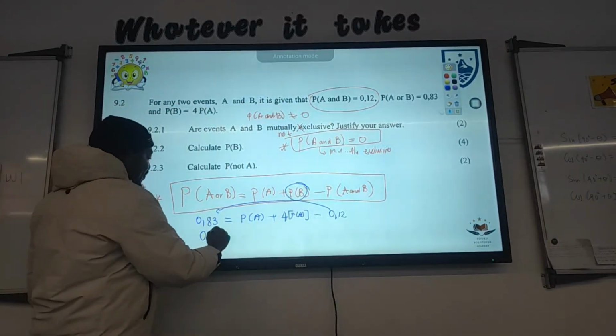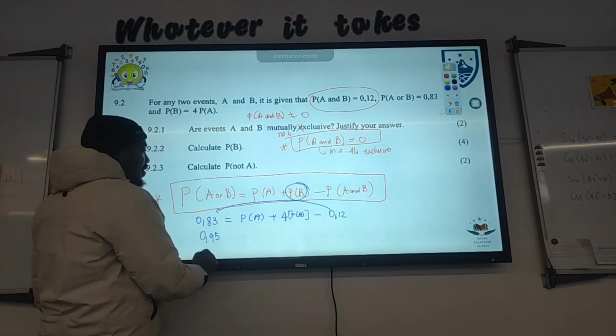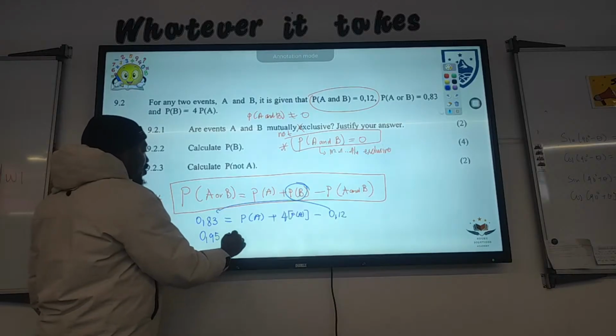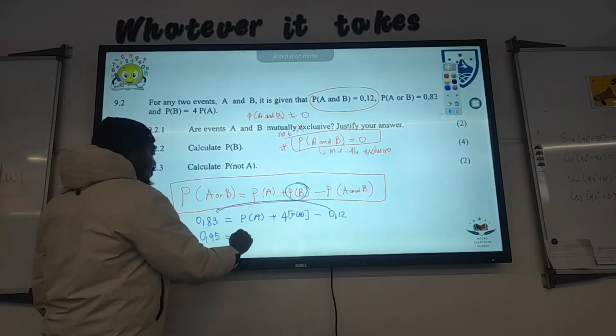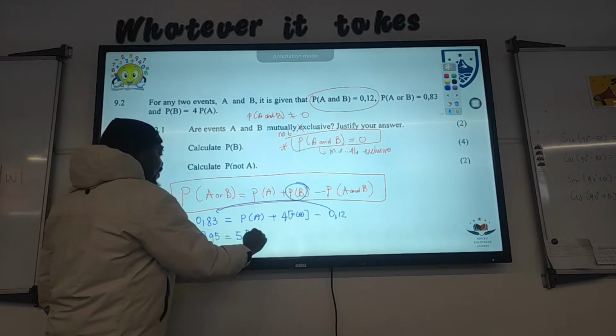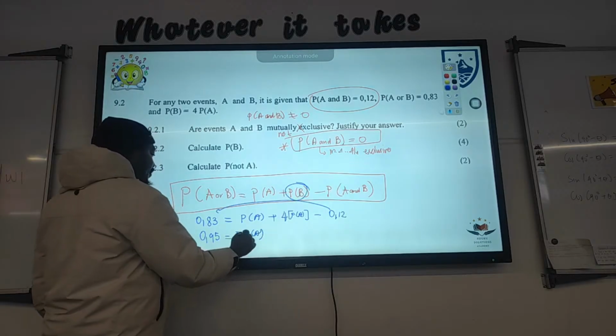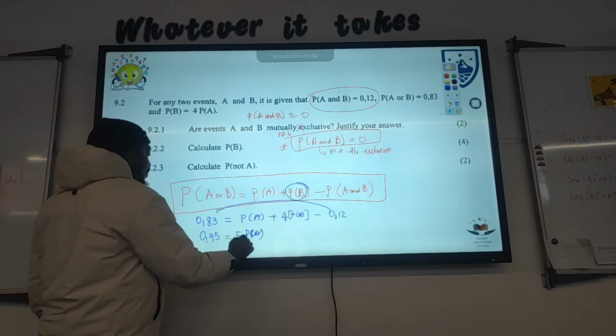So 0,95, which is equal to, and I add these two to be 5P(A). Okay?